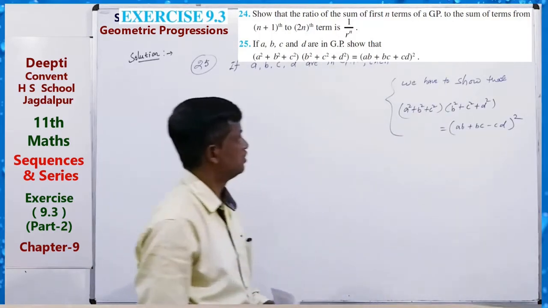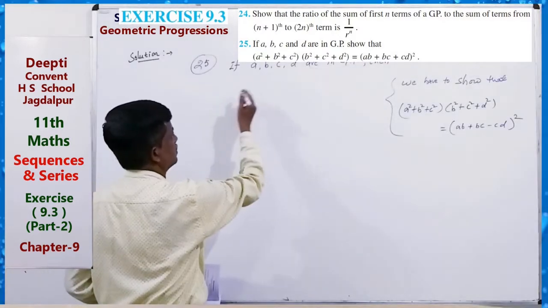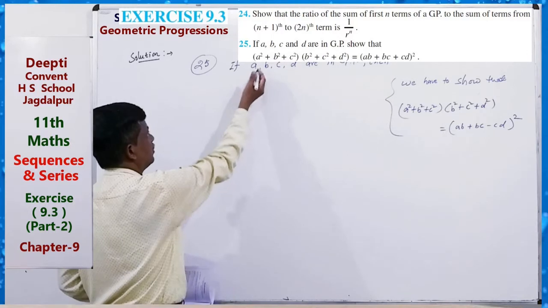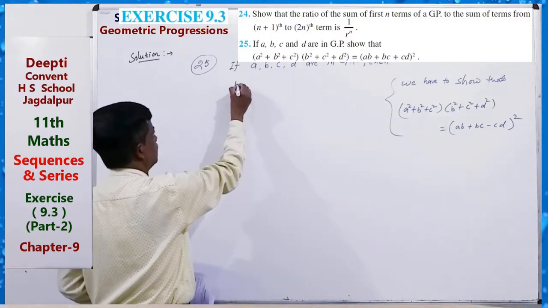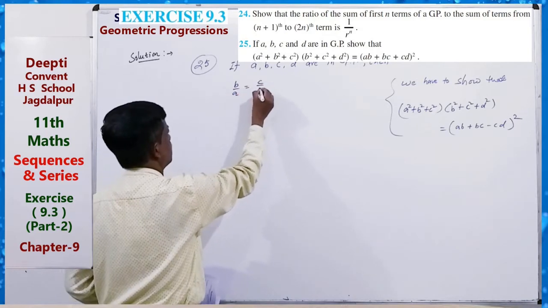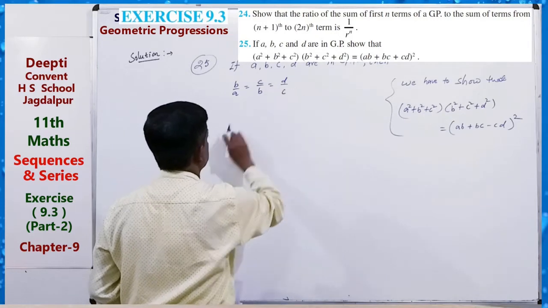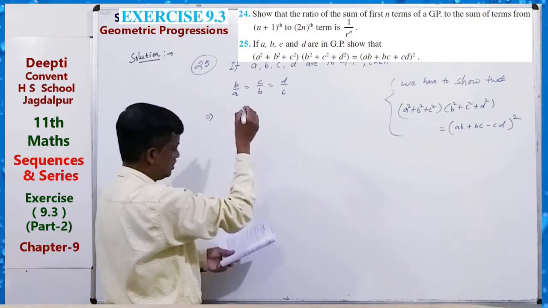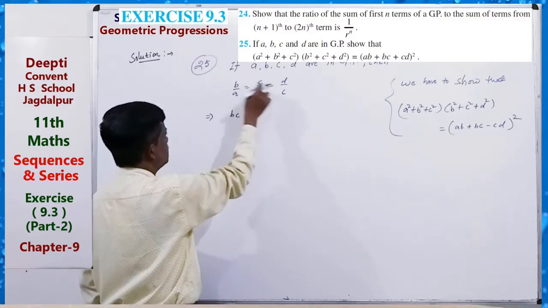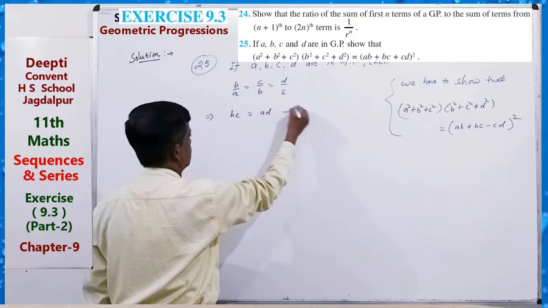It is our requirement. If this, then we can write B by A equals C by B equals D by C. So it gives AD equal to BC, that is BC equals AD, equation 1.